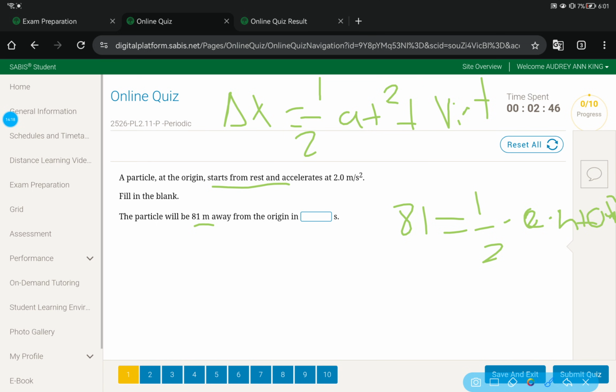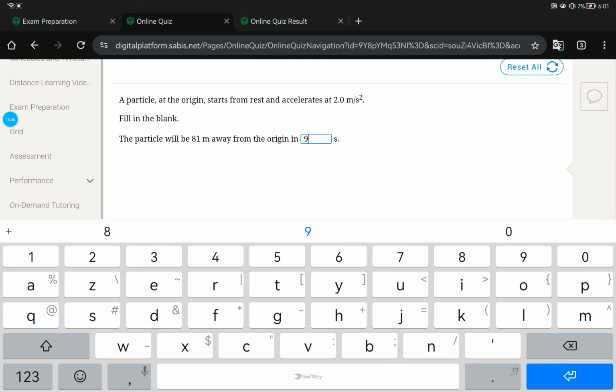So doing this math, eventually you should get time squared equals 81. You can also just plug it into your calculator, and then the square root of 81 gives you 9.